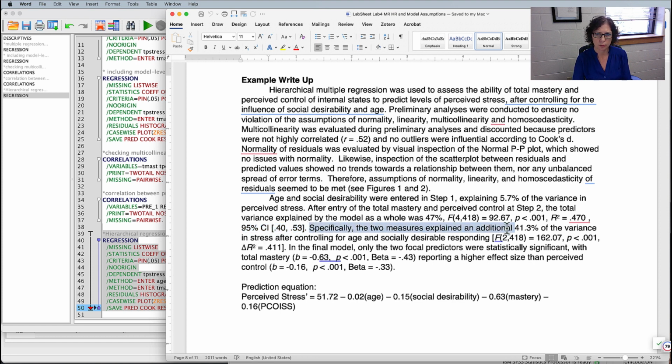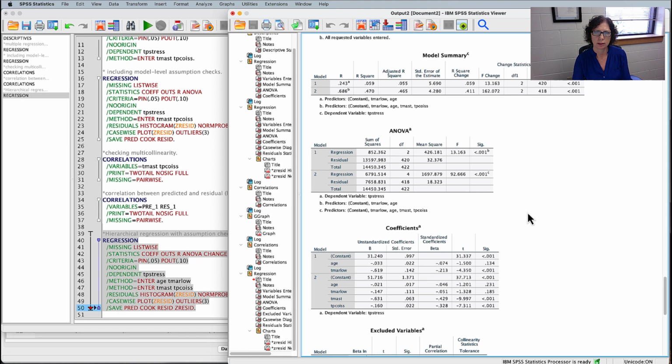Going into more detail here, the two measures explained an additional 41.3% of variation in stress after controlling for age and social desirable responding. So where is that 41.3%? That is right here, R square change. There's probably a little bit of difference from when I ran it first to now, but here it's 41.1%.